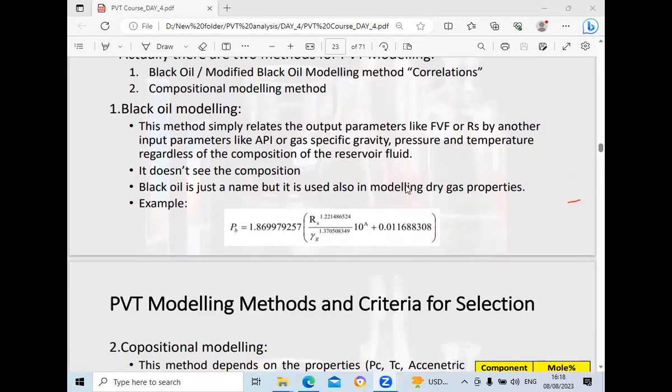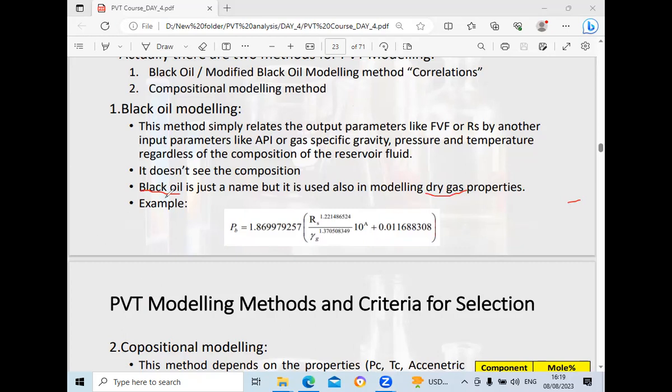So for a black oil model, it is generally used in a situation where you don't have wide variation of PVT parameters. These parameters do not change very widely with pressure and temperature. In this particular case, we use the black oil model. This case will be true for two types of reservoir fluid, black oil and dry gas.